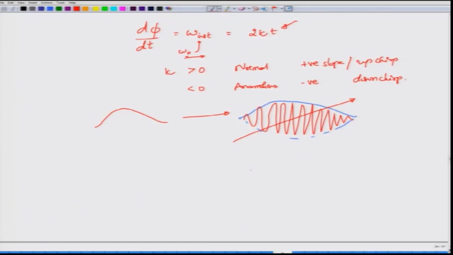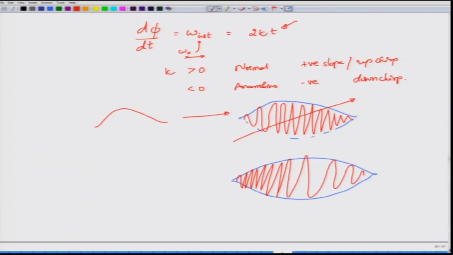The same situation for the anomalous dispersion regime would be that you have a pulse frequency which is very rapid initially, and then slows down. So, this chirp is the down chirp.